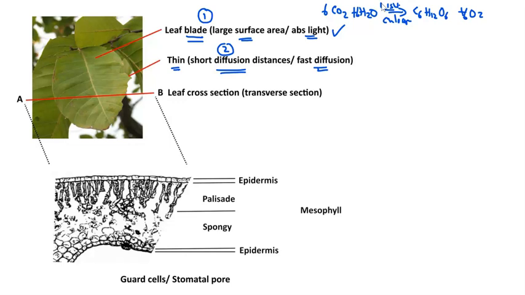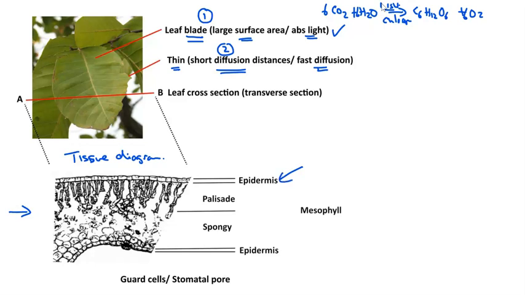Now, to illustrate this in more detail, I've drawn a cross-section through the leaf, A to B, and showing here what is effectively a tissue diagram. Now, if we look for the adaptations, the upper part of the leaf, these flattened cells at the top, that's the upper epidermis.